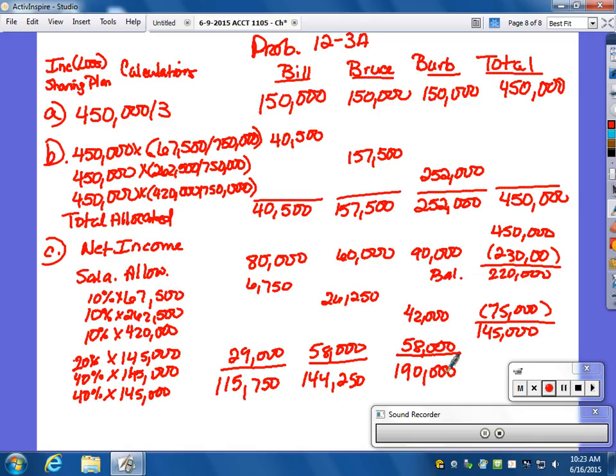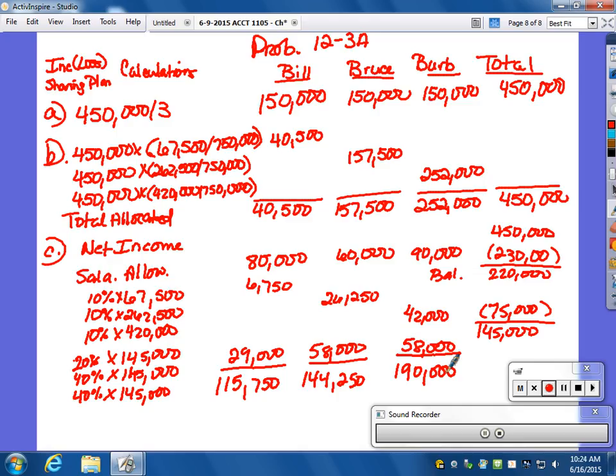So, how does that change? What changed? The only thing that really changes is the net income amount, right? And obviously they took withdrawals, so we have to account for that.